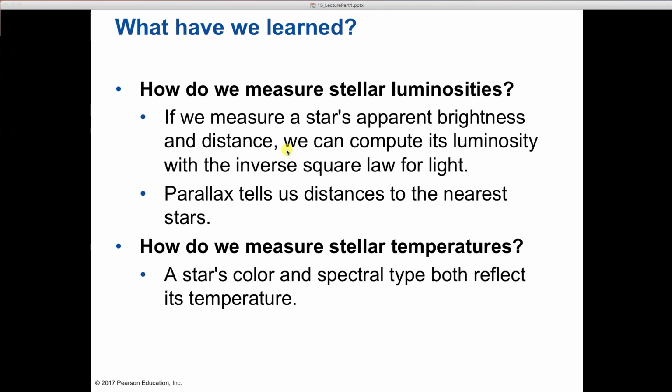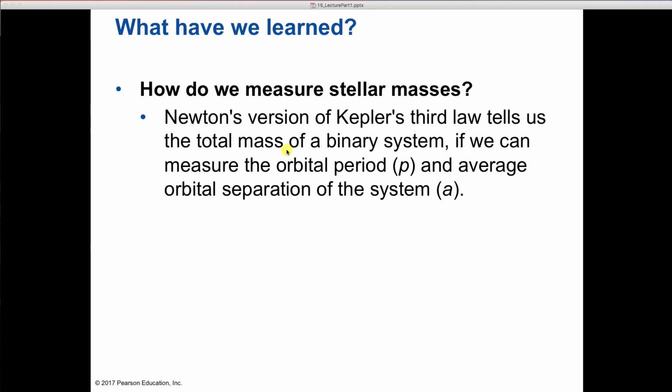And then we can measure temperatures by looking at the spectrum of light that a star gives off, and looking at what elements, what atoms, what gases, what molecules are present in the spectrum, and understanding how gases give off or absorb certain colors based on their temperature. We can then figure out the temperature of the star. And then finally, we measure masses by applying Kepler's third law, by looking at different binary star systems.